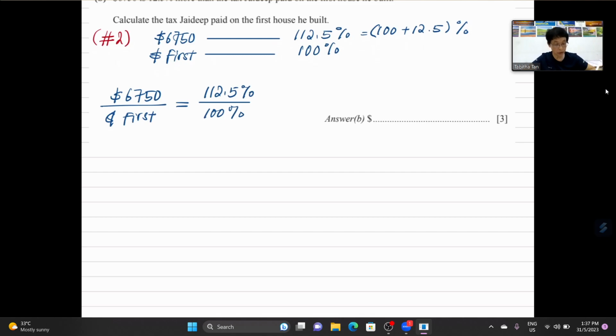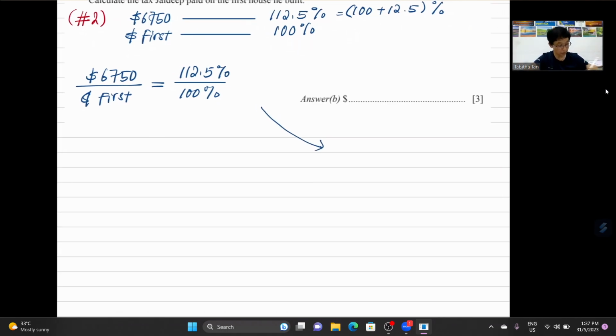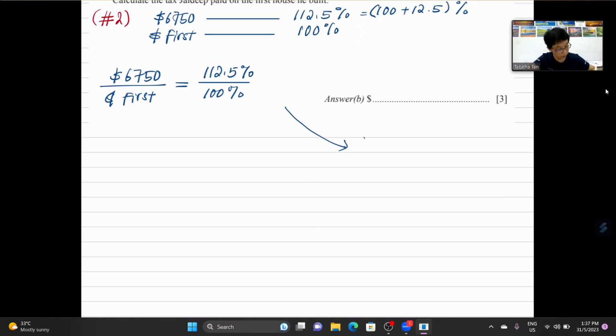You notice that we didn't do any math at all as of now. We just arrange and put a dividing line, and then from there you can move on. Another way of arranging this is to put the first house on the top.